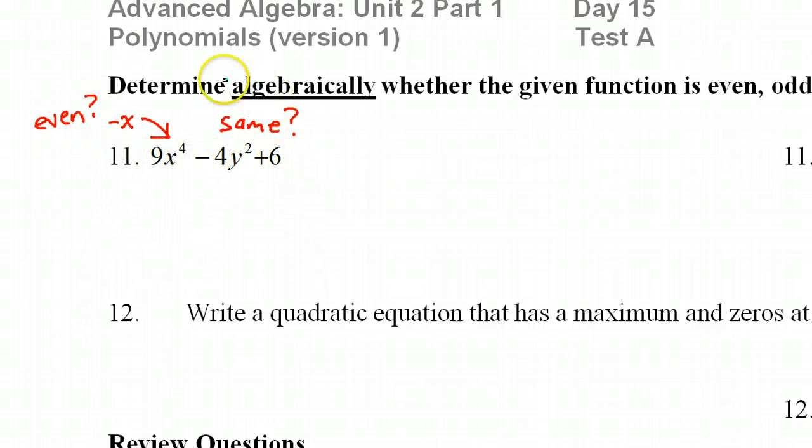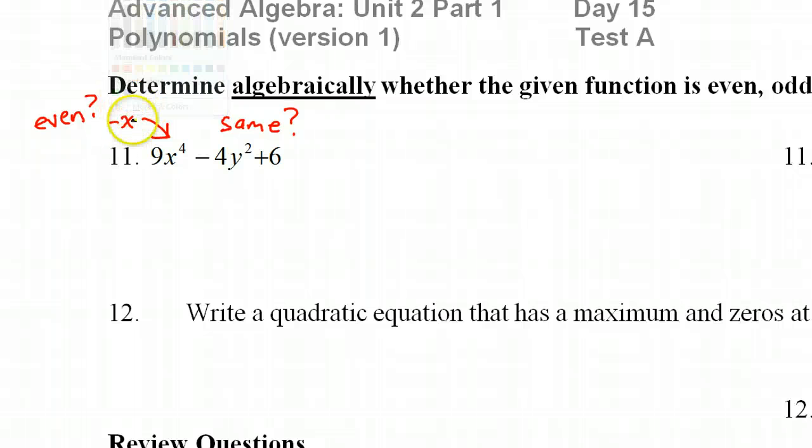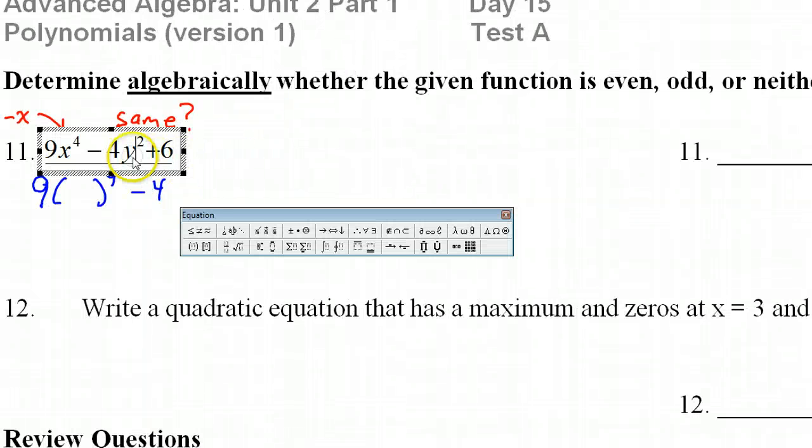I see the original function. I'm going to substitute in negative x, and I'm going to see if I get the same function. So if I put in like this, I've got x to the 4th power. You know what? That's supposed to be an x. I need to change that. It should all be the same variables.